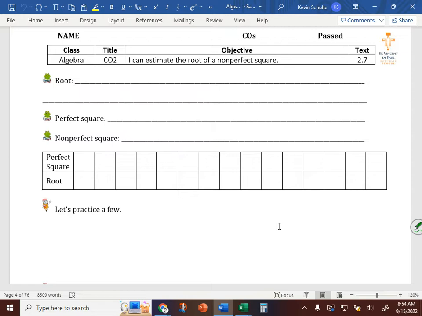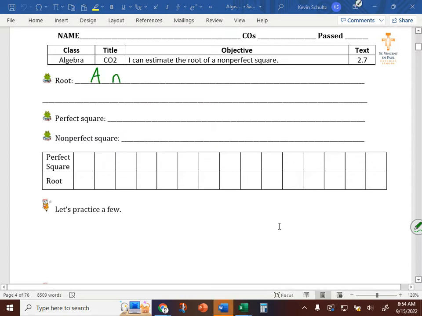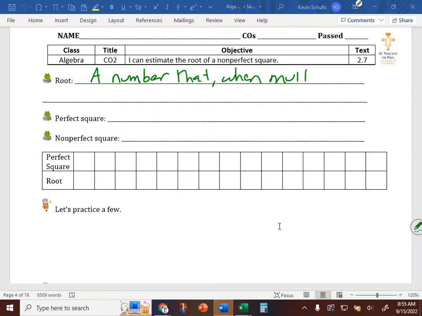The best that I can come up with, a root is a number that, when multiplied by itself, or when squared, equals the given value. Kind of wordy, okay? But a root is a number that, when multiplied by itself, equals the given value.